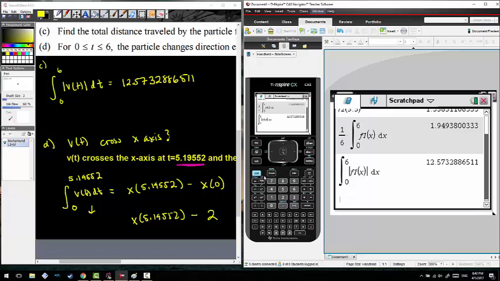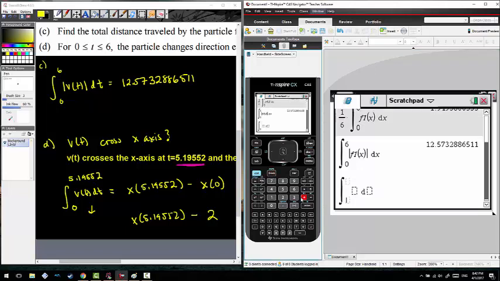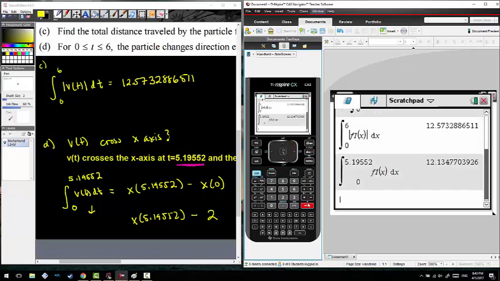I'm going to go Shift plus, because that's my hotkey for the definite integral, 5.19552. Oops, not 2.1, 5.1. And so I'm going to integrate, not absolute value, but just straight up velocity. And I'm going to find out what that number is. That's 12.13 blah, blah, blah.